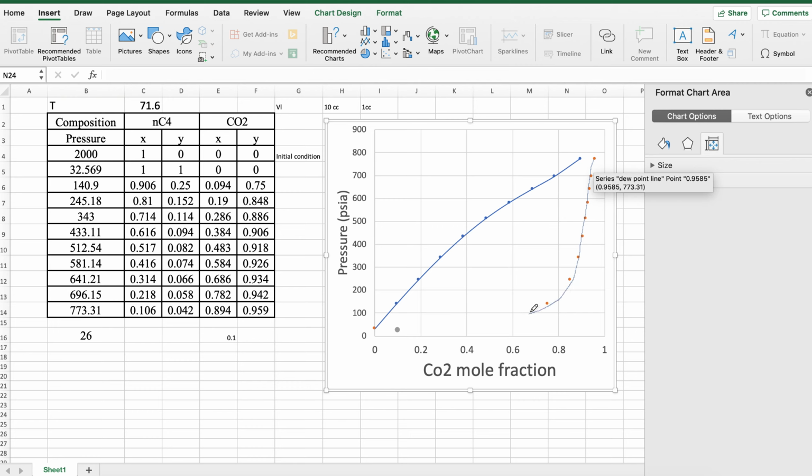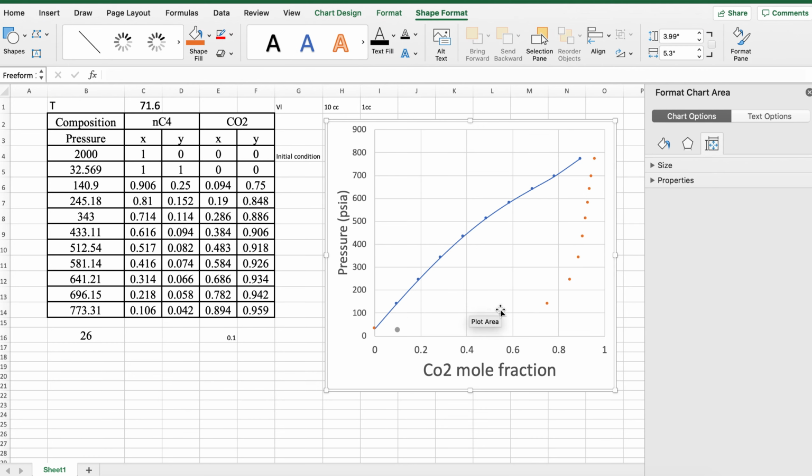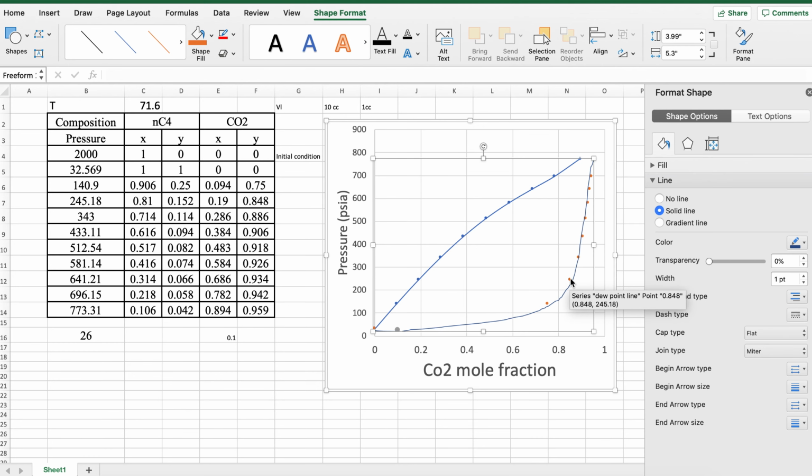Okay. And I want this to go as closely as this. Okay, so this becomes my dew point line.